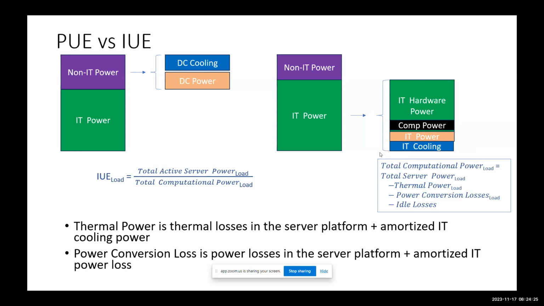Yeah, because of the equation, if you take the total server power and subtract out the computational power, you'll end up with zero. Sorry, I said that the other way around. I have a typo here, I should have put active in there. So it'll end up being 0 in the denominator. That's why I was saying not defined.